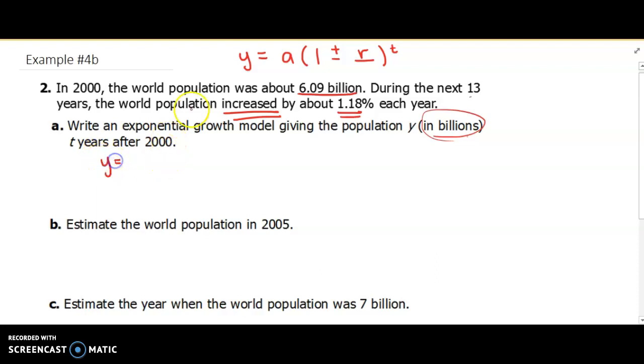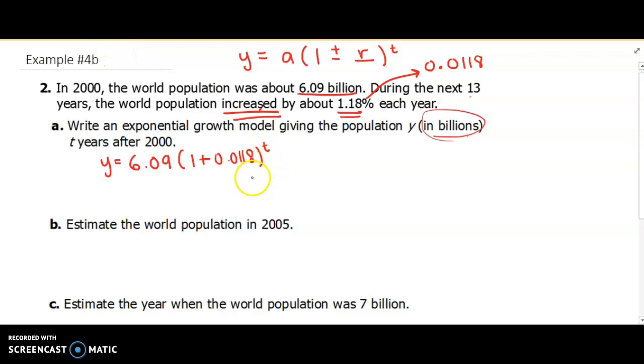So y equals, now our starting value is 6.09 times (1, and now are we adding or subtracting? Well, we're increasing, so we're going to be adding 1.18%. We want that as a decimal, so that's 0.0118, and once again that is to the t power.